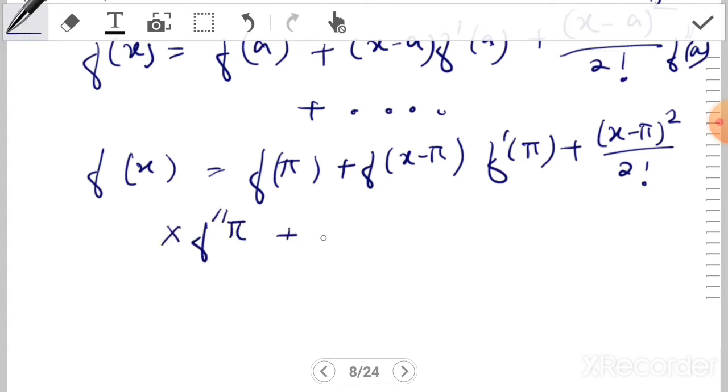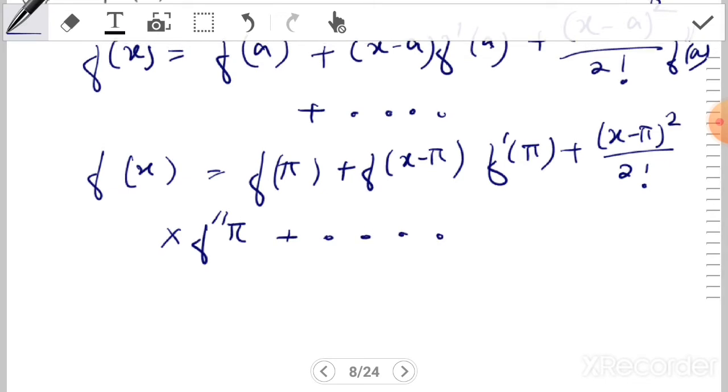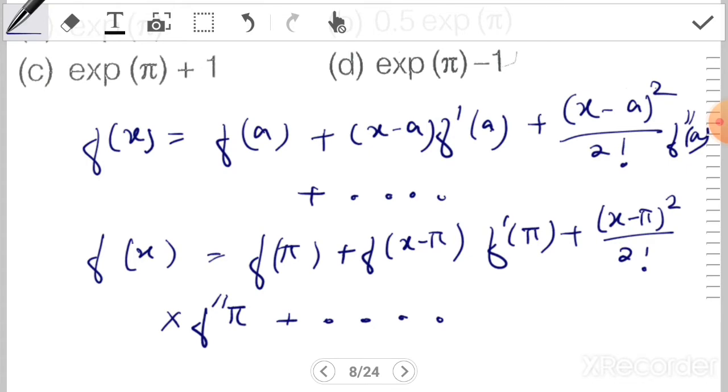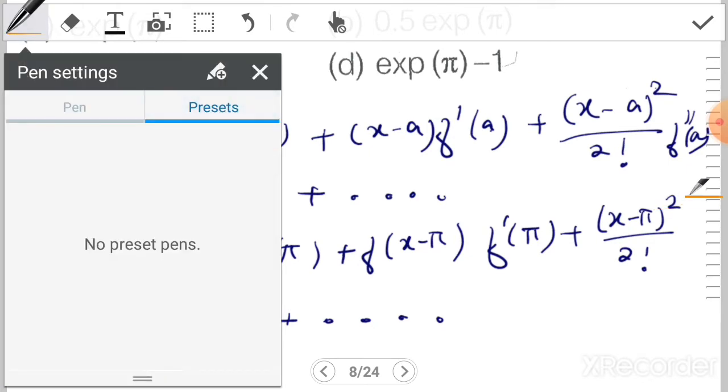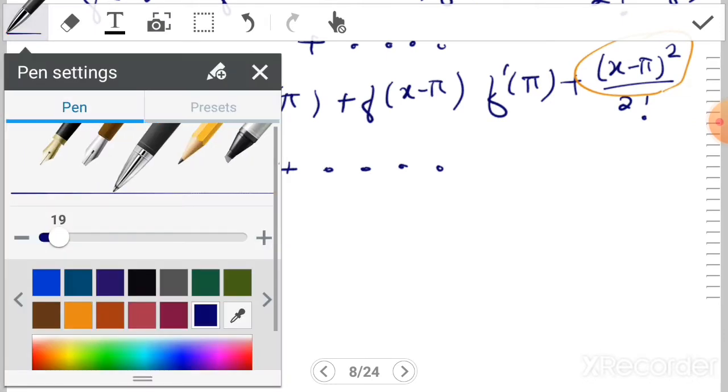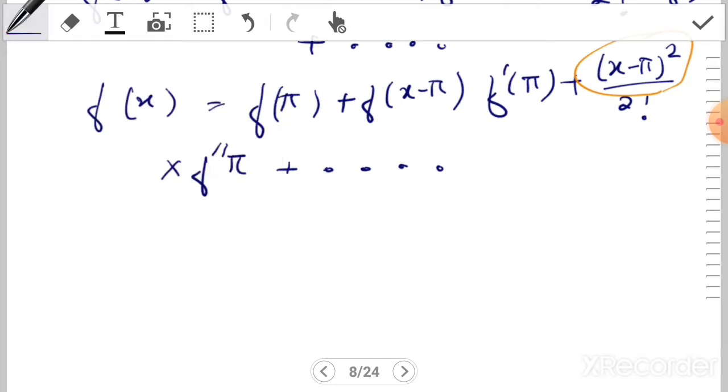So we have to find the coefficient of (x minus pi) whole square. You see, the coefficient of (x minus pi) whole square is nothing but f double dash pi by 2 factorial.